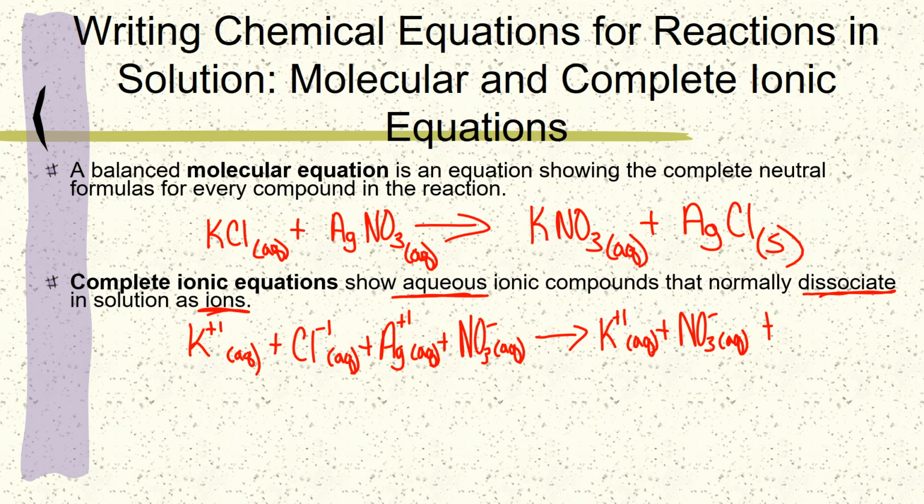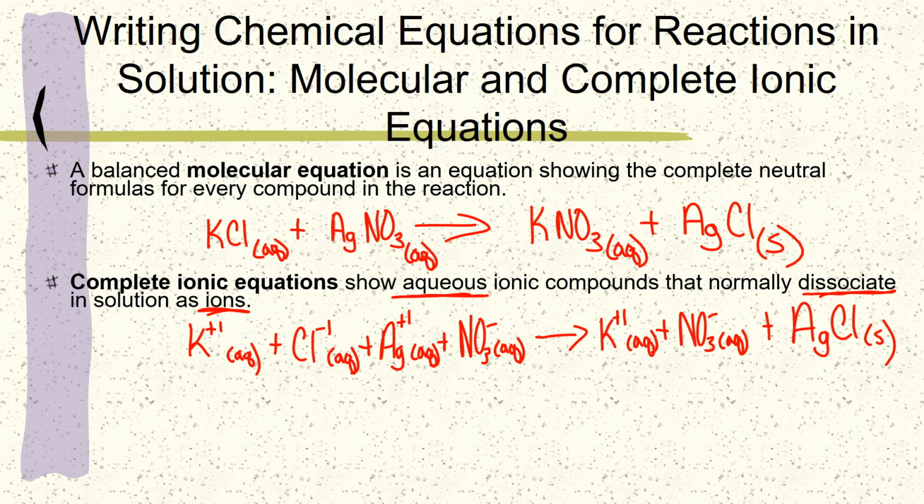Since a solid or an insoluble compound is not going to dissolve, it's not going to produce ions. So for this one, I write it exactly as it is. Notice the only thing that I wrote ions for were the things that were soluble, the things that were aqueous.